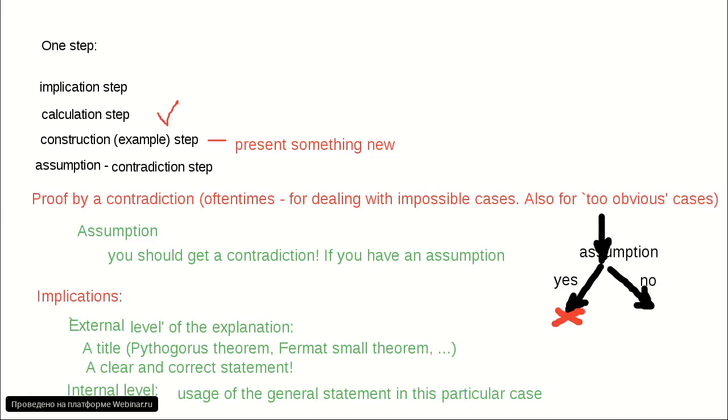So if you say, by Pythagoras theorem, a hypotenuse squared is equal to the sum of squares of the catheti, that is an external level, and the internal level would be to say, and in our problem we have one cathetus equal to 3, another one equal to 4, so we have a hypotenuse equal to 5.